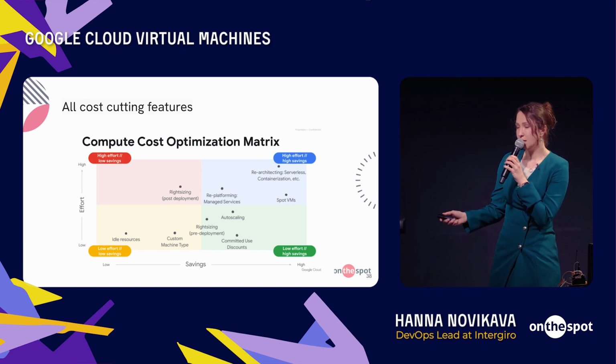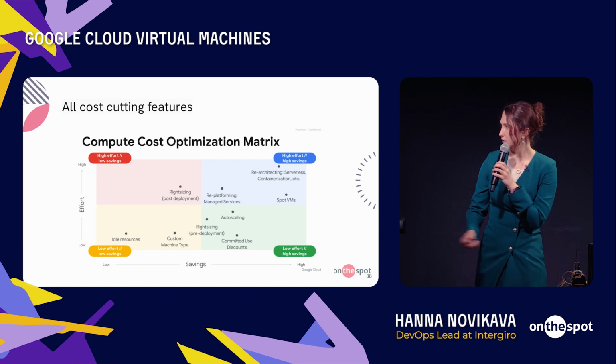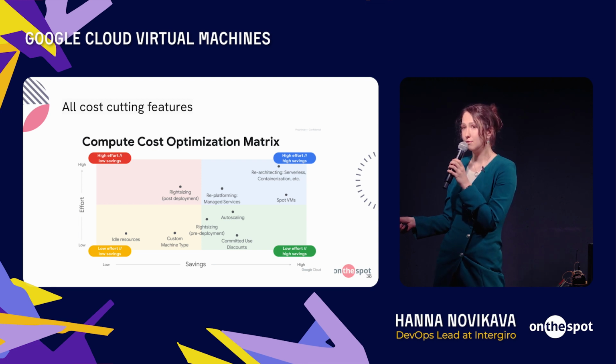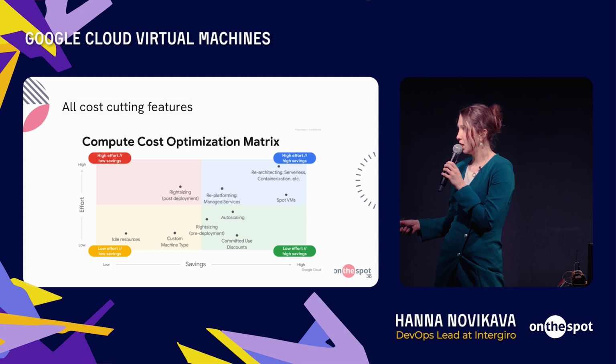Here we can see the usual plan for how to cut down costs in cloud platforms. It's more about Google Cloud, but you can see a lot of ways to cut down costs in other cloud providers too. I won't talk about it a lot. Just remember right sizing, it's always a good idea.